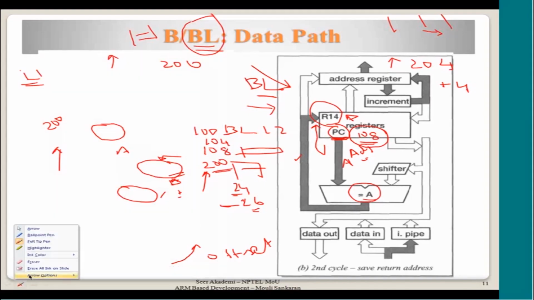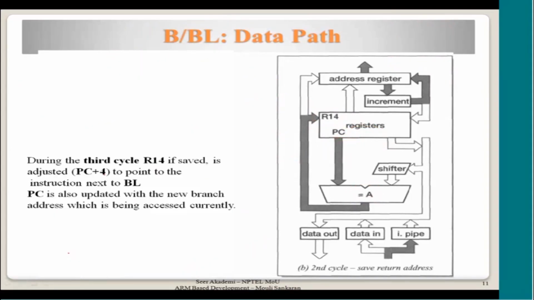In the third cycle, after this cycle is done, this R14 will come here, and the ALU will be programmed to -4. It will do -4, and then write back that value. R14 will become which one? 104, isn't it? Correct. 104 will be written into R14.